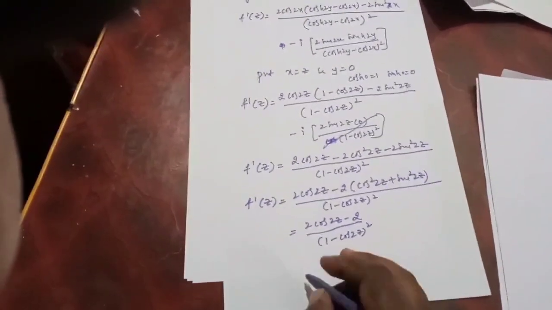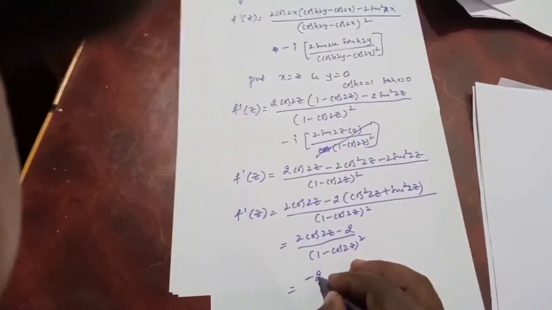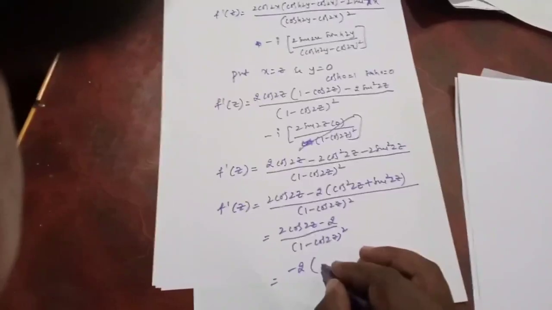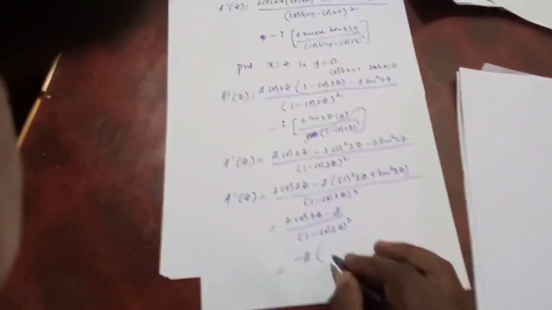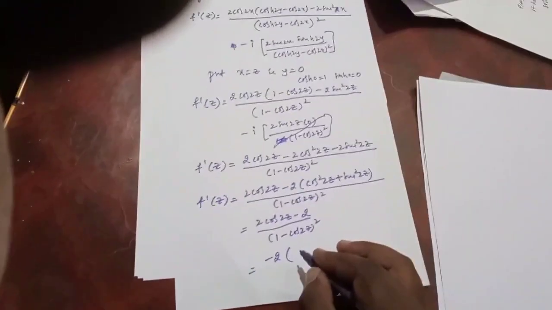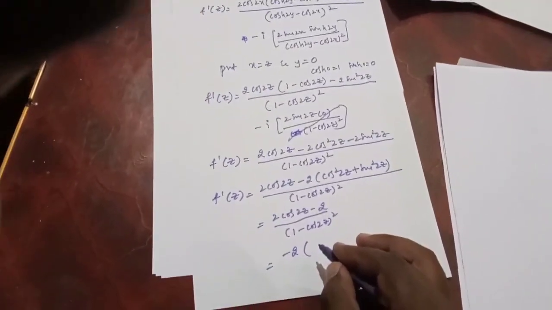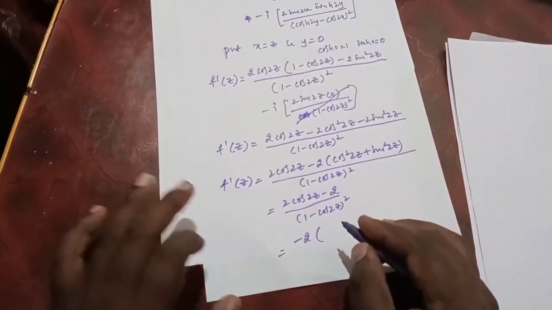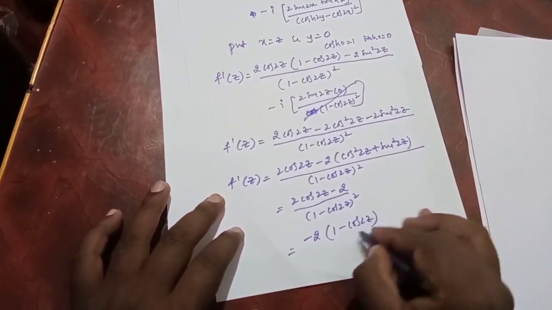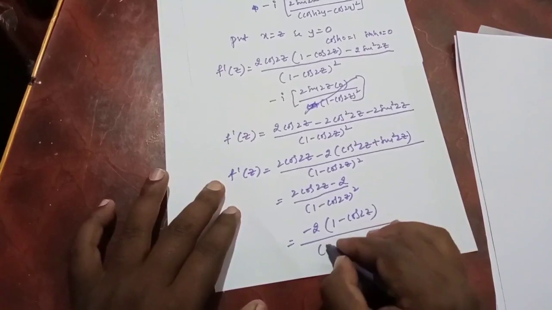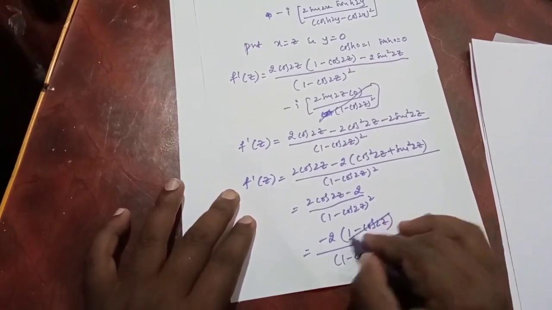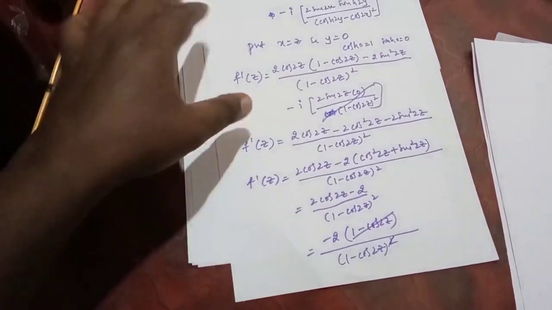Here write minus 2 common: 1 minus cos 2z divided by 1 minus cos 2z whole square. So the single factor will get cancelled.